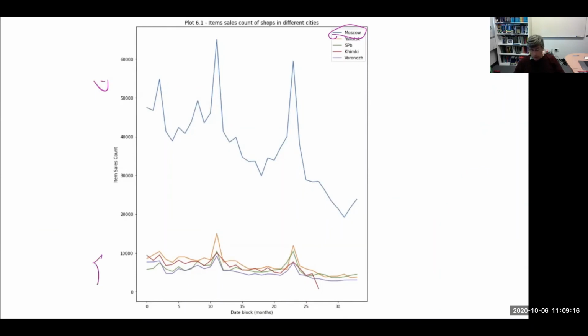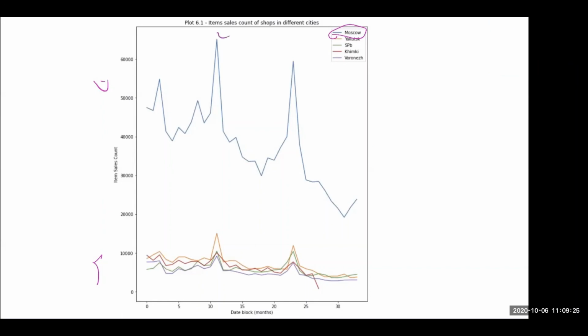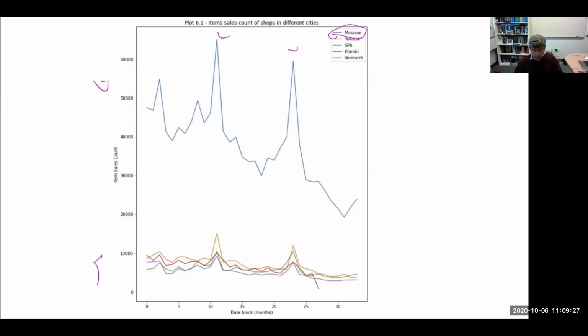They're about the same size, but the presence in Moscow is wildly greater, and I see both sales peaking around Christmas, as well as a kind of negative trend that isn't good. It looks like these guys are selling less over time. Maybe that's why they went out of business and gave you their data set. Any questions? Any ways we could have improved this?